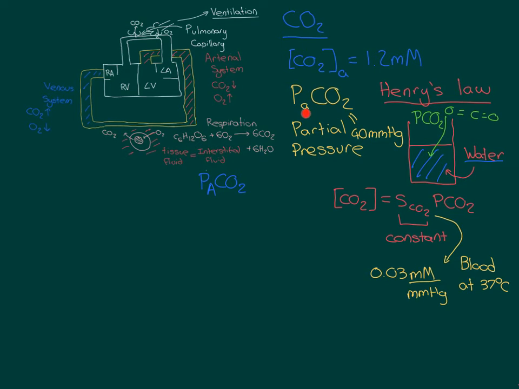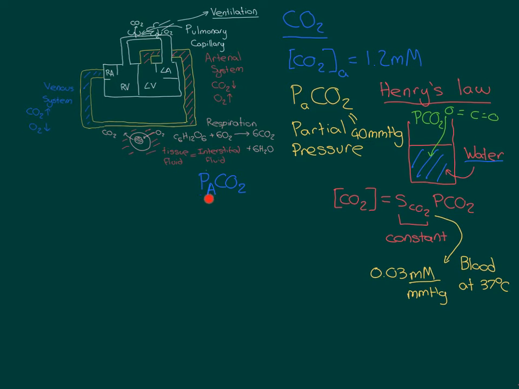This is a lowercase a, and this means the partial pressure of CO2 in the arterial blood, which of course means the partial pressure of CO2 that you'd have to have in a gas that the blood was exposed to in order to get the concentration of carbon dioxide dissolved in the blood that is present.